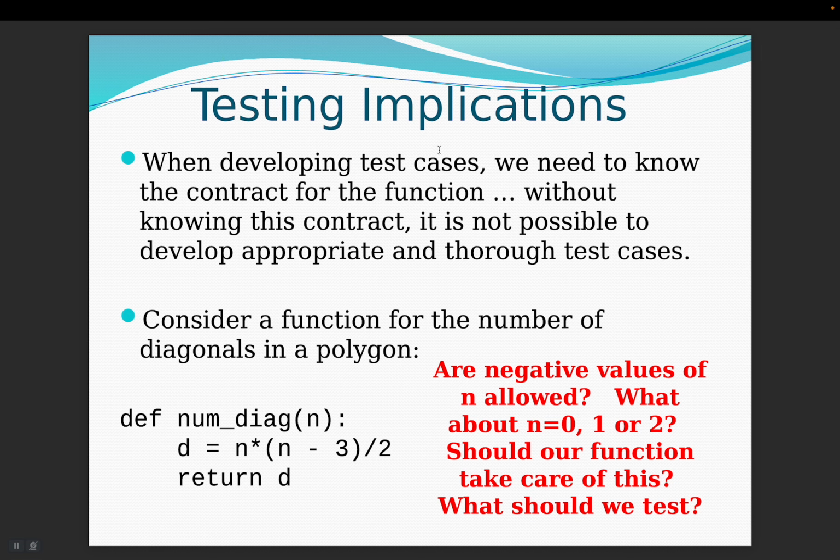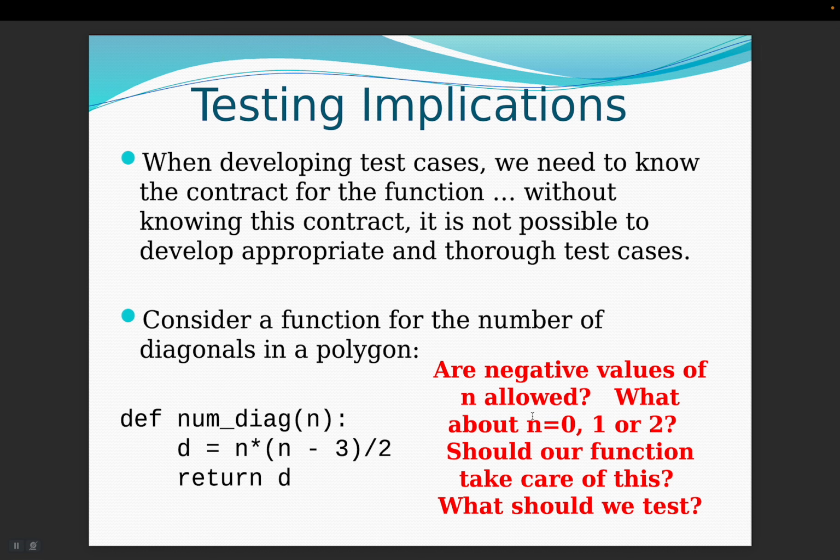So consider a function for the number of diagonals in a polygon. So here's just the function. Are negative values of n allowed? What about n equals 0, 1, or 2? Well, you can't have a polygon with 0. It depends. What does n even represent?